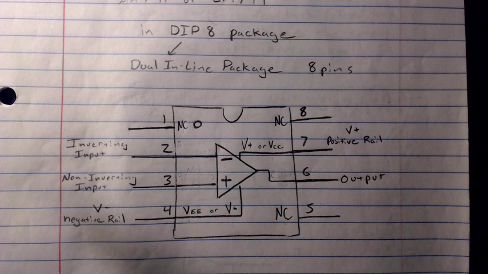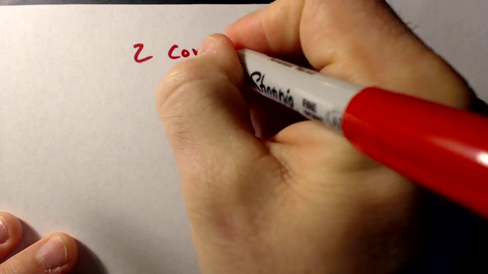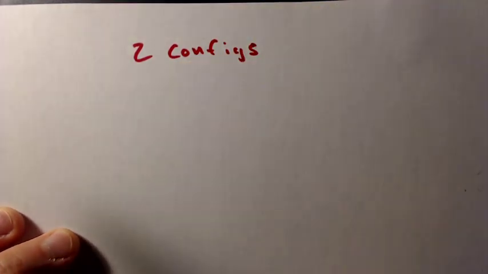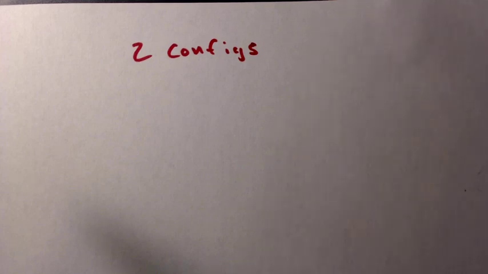Now, let's go ahead and talk about what this guy does. Before we get started, I'm going to break it into two types of configurations that an op amp can be used in.